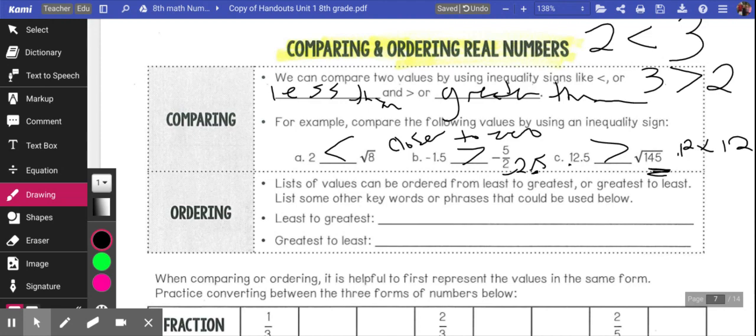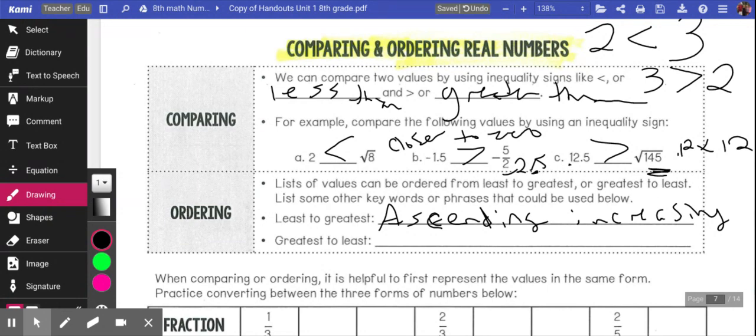Okay, so then you're going to also have to list from either least to greatest or greatest to least. Some words that they might use from least to greatest would be ascending, so you should be familiar with these. Whoops, ascend, that's a C. Ascending, increasing, minimum to maximum.